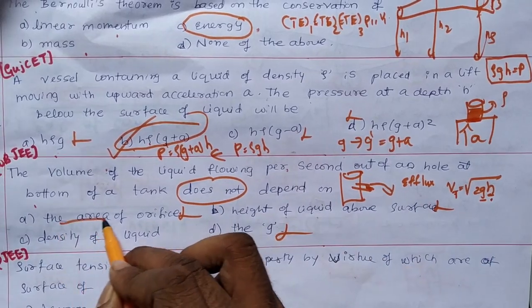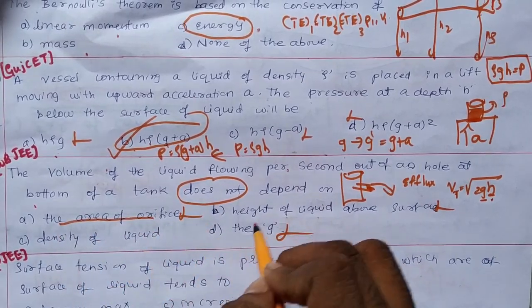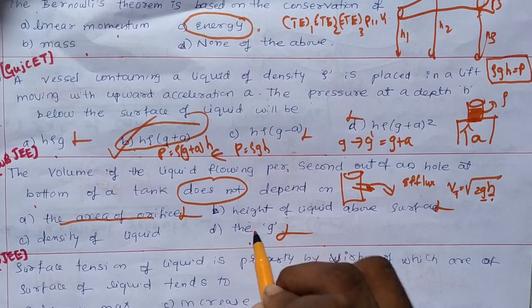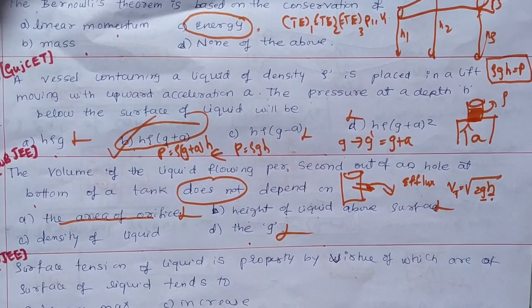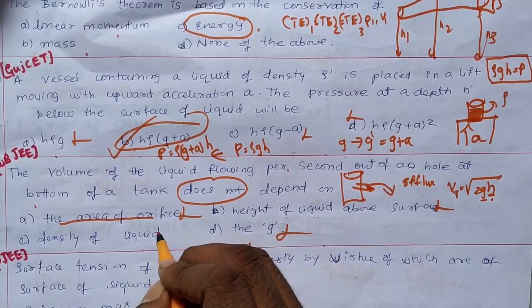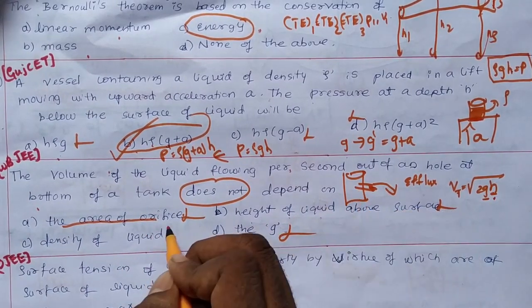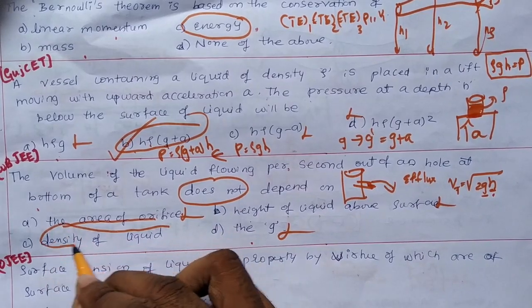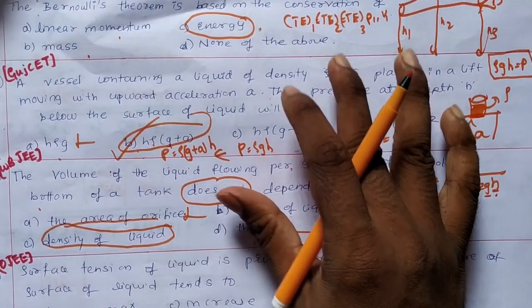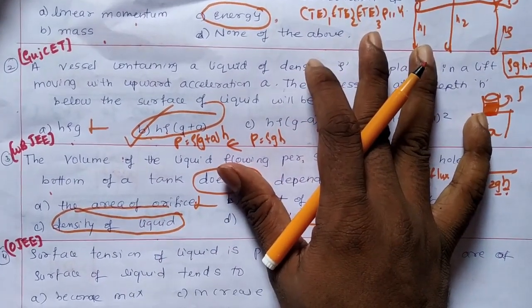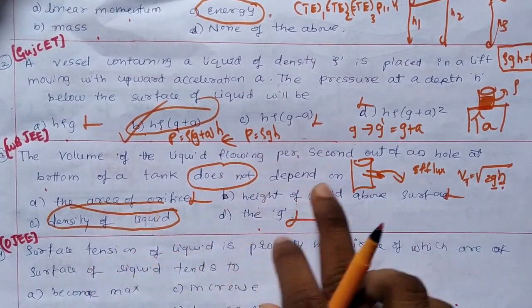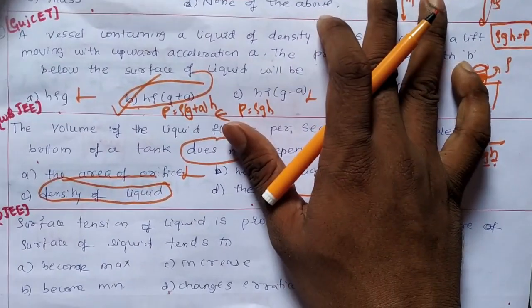So it does depend upon height and g on the velocity of the water flowing out of the orifice or the hole. Then which one is the option? The water coming out of this orifice does not depend upon the density of the liquid. Always remember, that doesn't depend upon the density of the liquid. It does depend upon the area, the height of the liquid and the acceleration due to gravity.